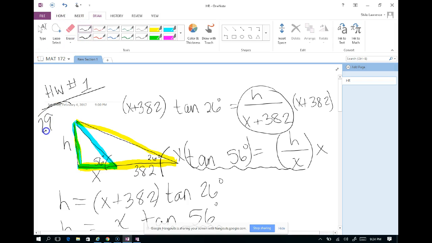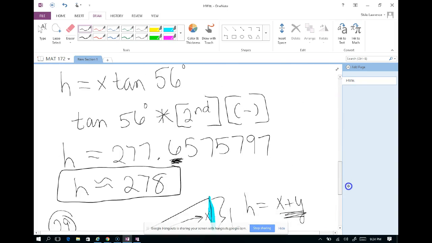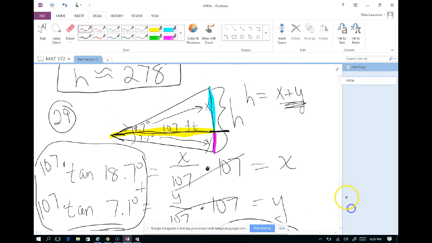So this one is actually 29 in your homework, and this one is 30 in your homework.